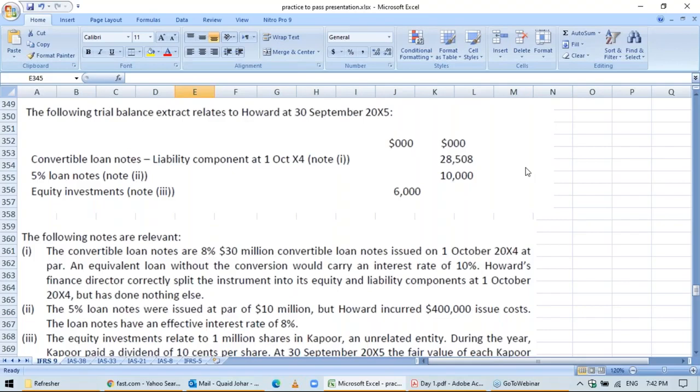So students, three items have been covered over here. One of them is convertible loan notes. The second one is a normal straight loan, a simple loan note, and equity investment. So let's go to the question.